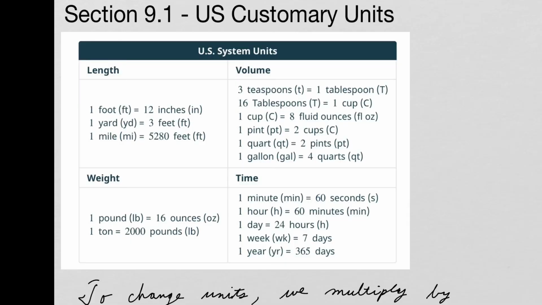So let's see. We know that 1 pint is 2 cups. We know that 1 quart is 2 pints. And we know 1 gallon is 4 quarts. So I guess we could use that information, right? Let me go back.